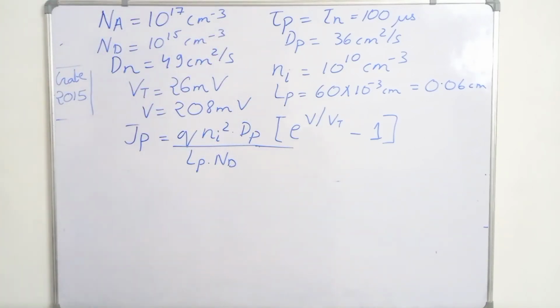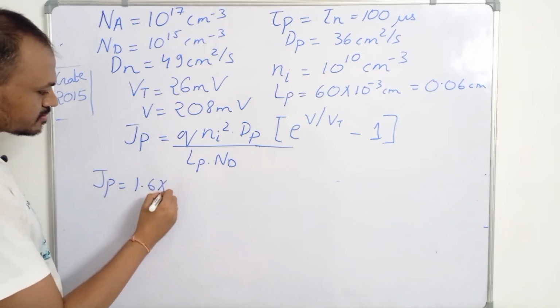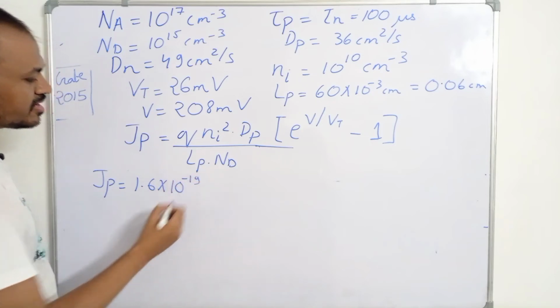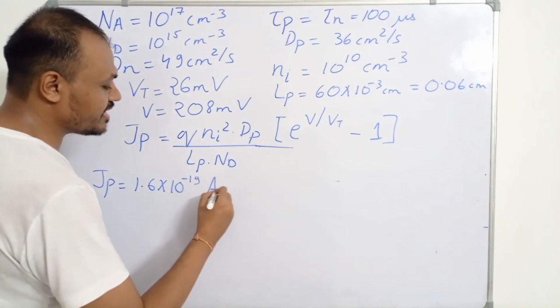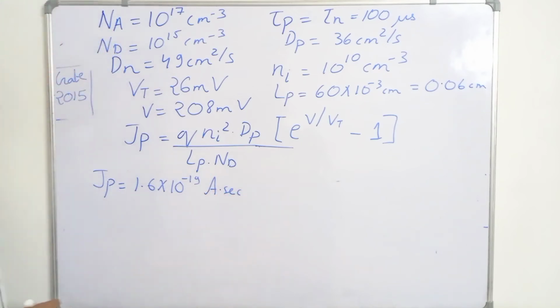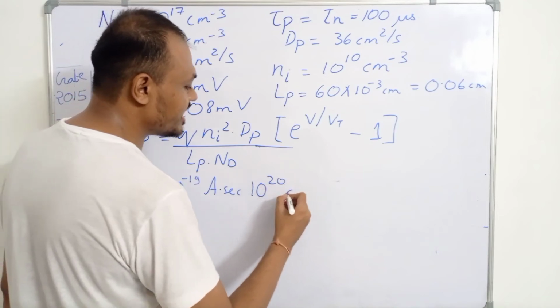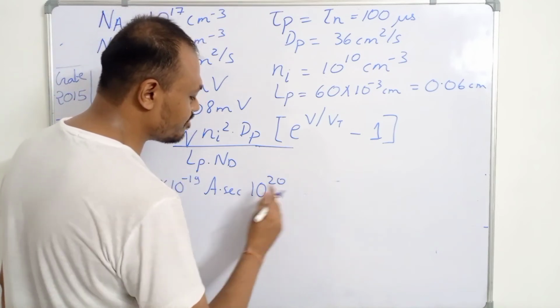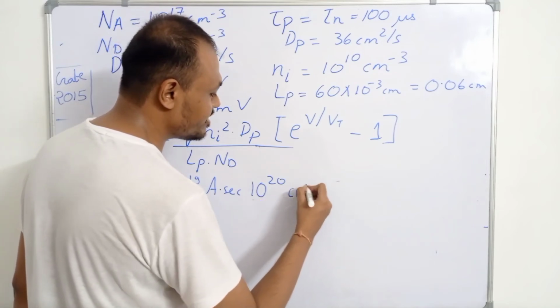So q is given as 1.6 into 10 to power minus 19, and obviously charge is ampere into second. Ni is given as 10 to power 10, so ni square will be equal to 10 to power 20 centimeter to the power minus 6.